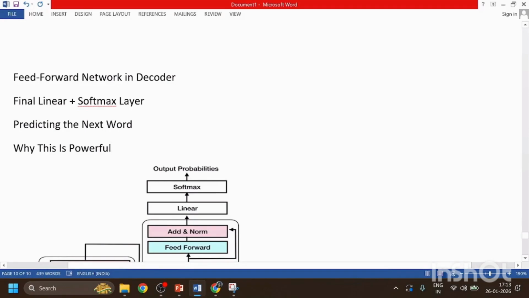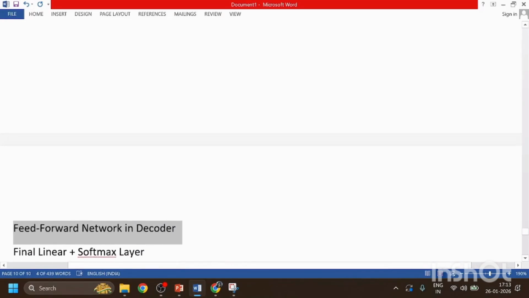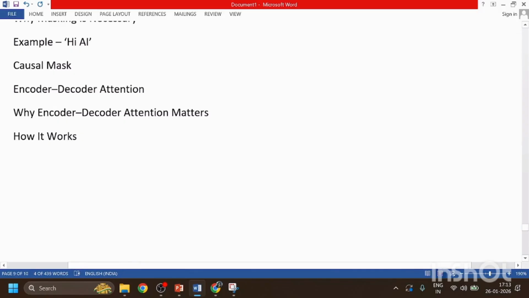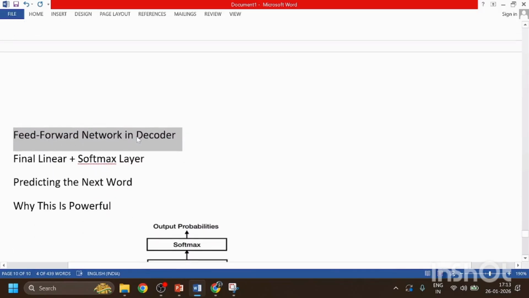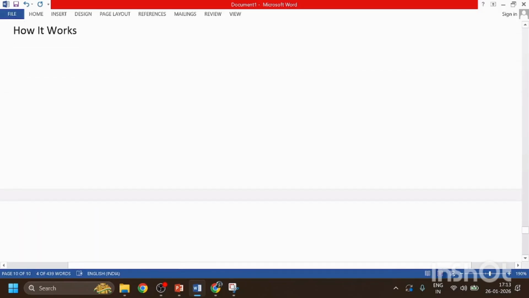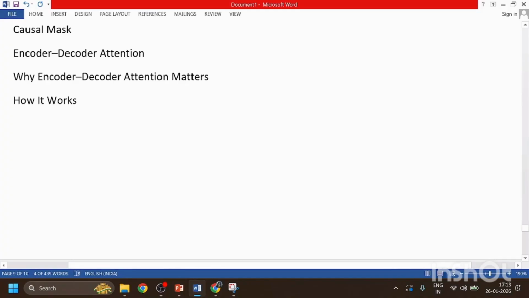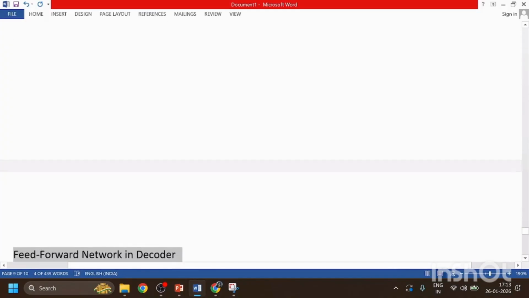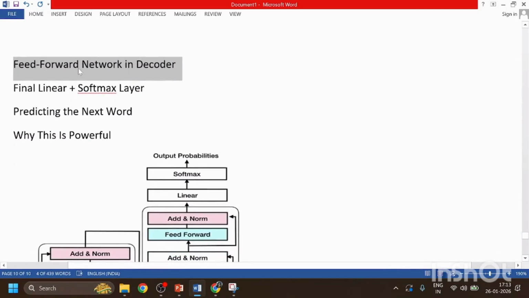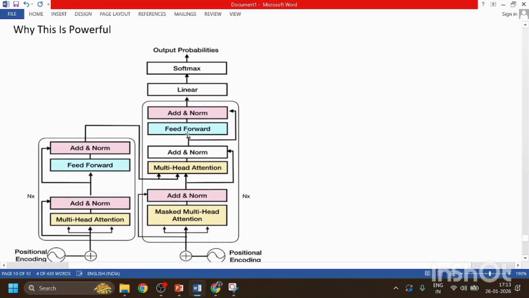Now we are going to understand the feed-forward neural network in the decoder. Before this, we understood why encoder-decoder attention matters. We are going to talk about this feed-forward network in the decoder.